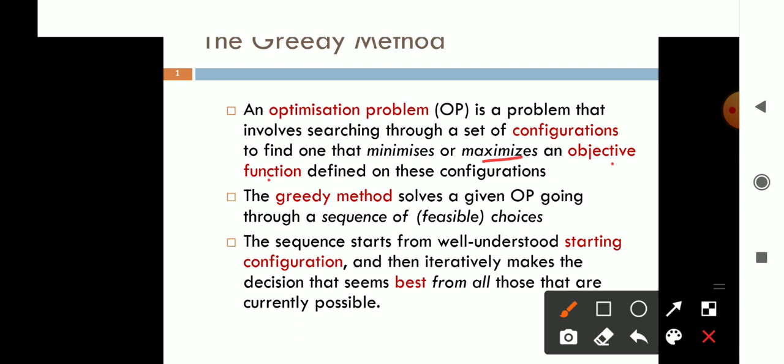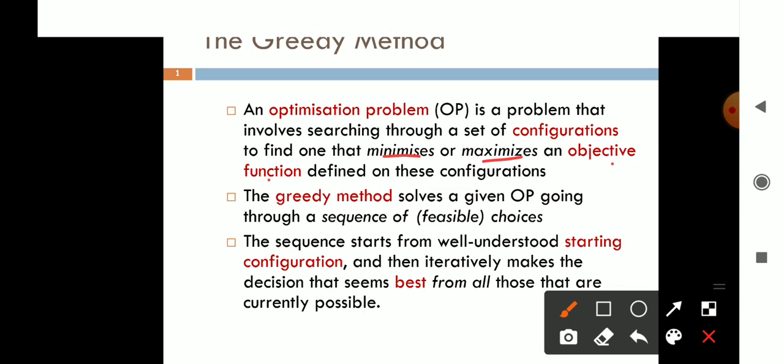If our objective function is weight, or value or cost, it should be minimized. So we need the solution which will have the maximum profit and minimum cost or minimum weight.